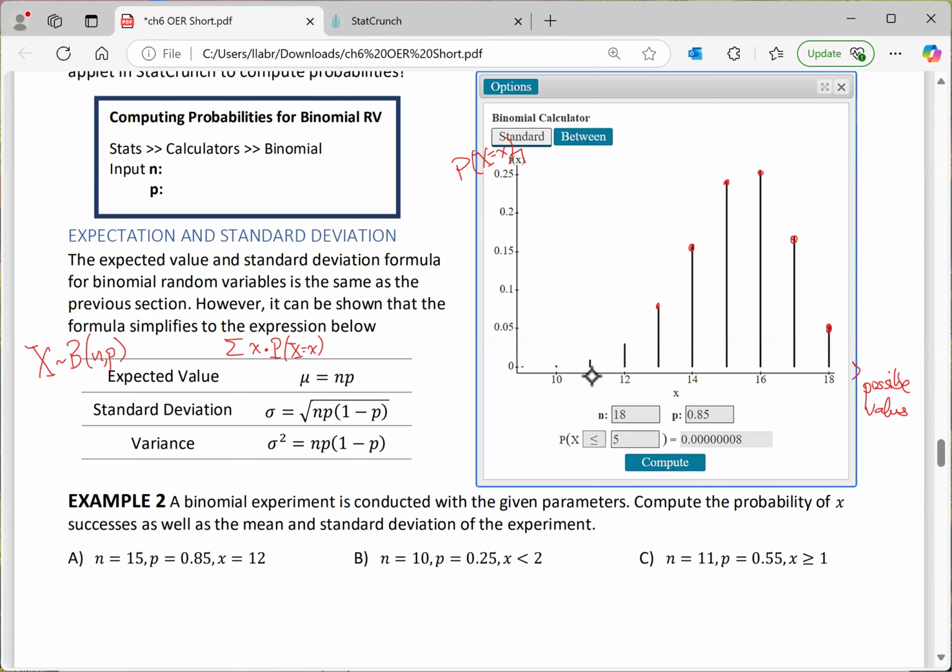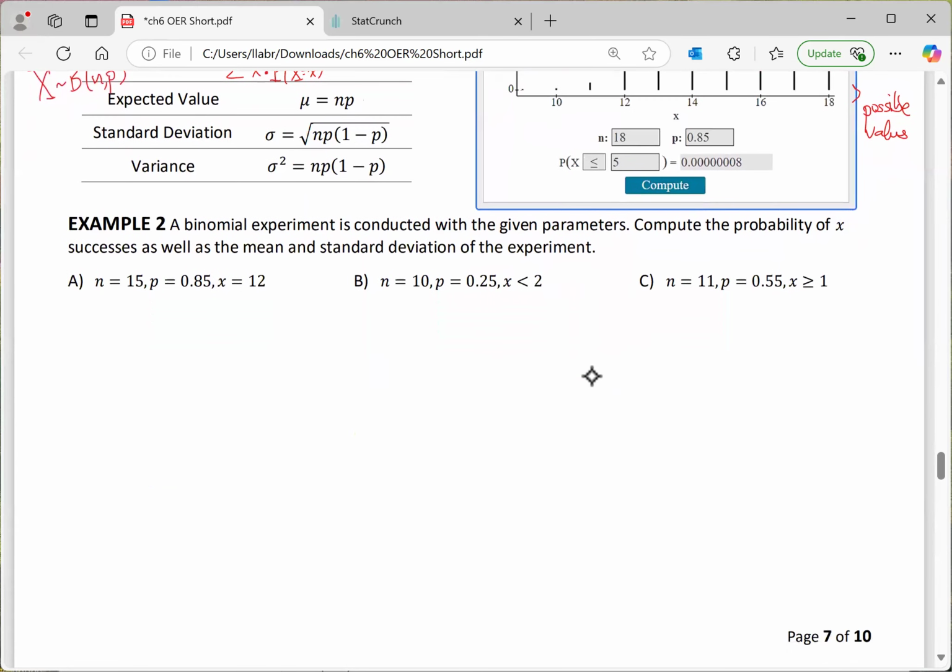So let's go ahead and work with this. It's very easy to work with random variables once they're named. A binomial experiment is conducted with the given parameters; compute the probability of x successes. Notice that this says the number of successes is binomial with n equal to 15 and p equal to 0.85. They ask us to find the probability that your number of successes is exactly 12, so little x here is 12.